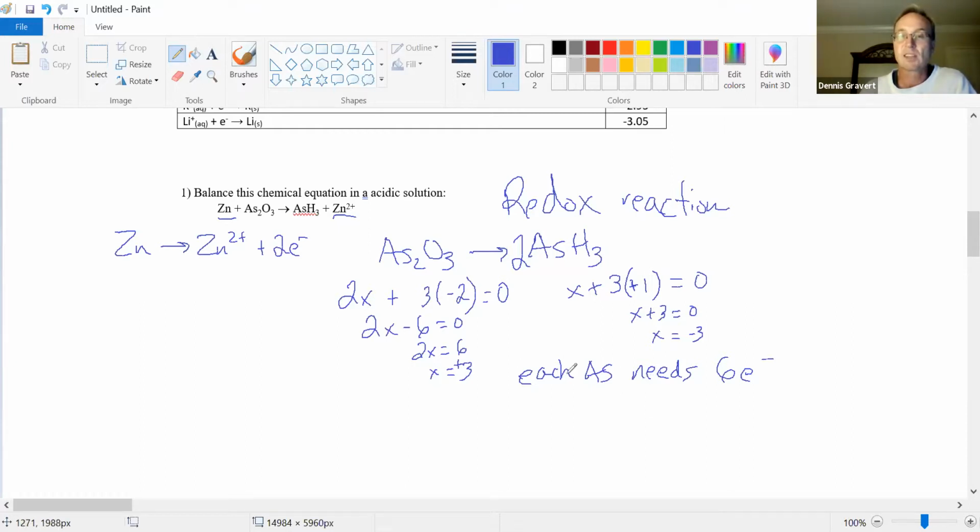But that's per arsenic. So there's 12, yikes, that's a lot. 12 electrons are needed so that both arsenics can get 6 electrons, and its oxidation number can go from +3 for each arsenic down to a -3.